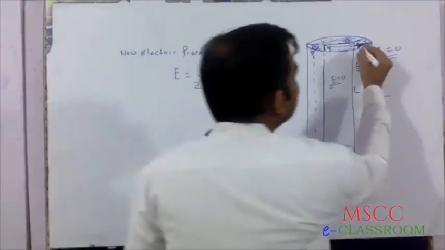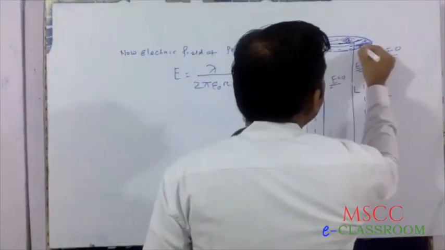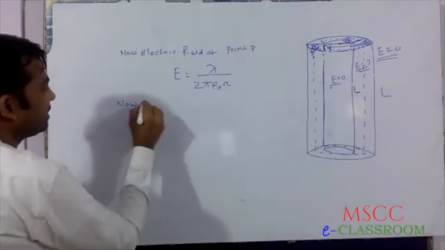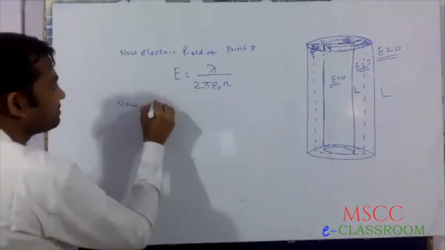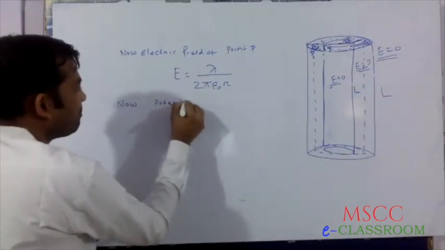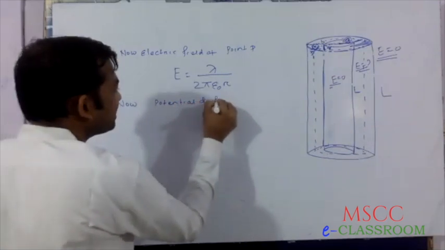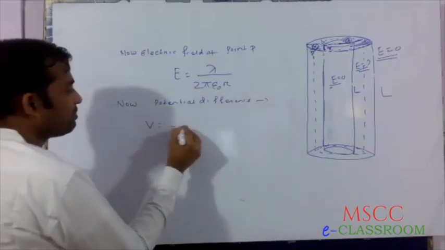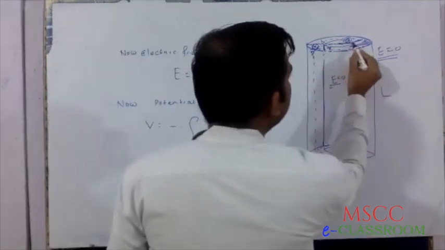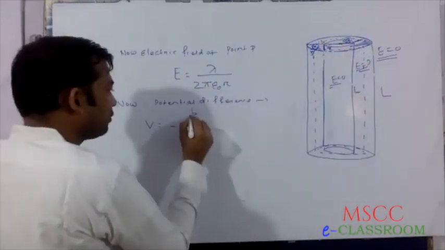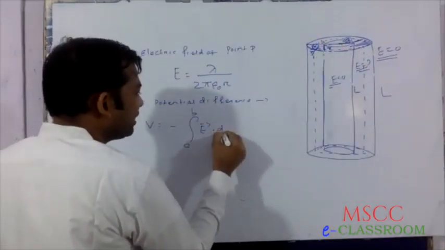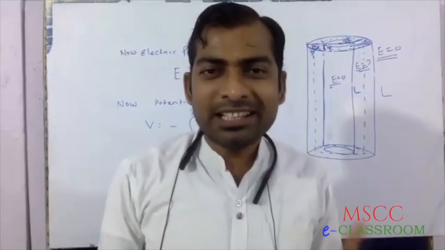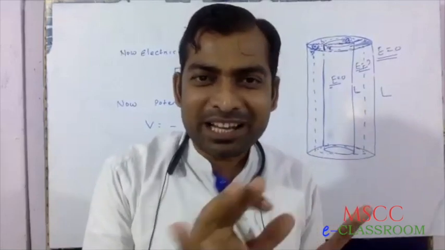Now potential difference between two plates. V equals minus limit A to B E dot dr, similar to the case of a spherical capacitor.